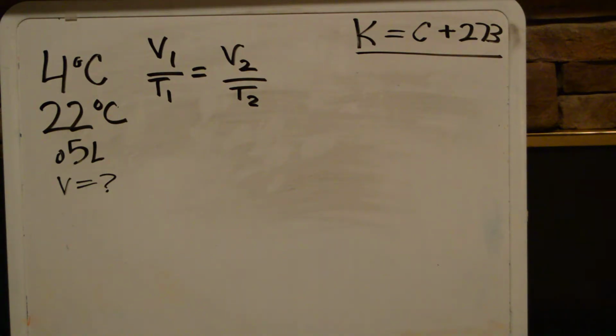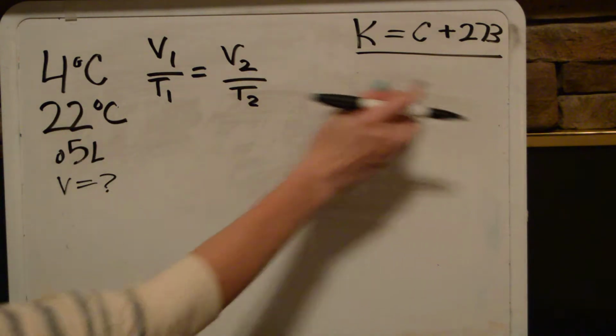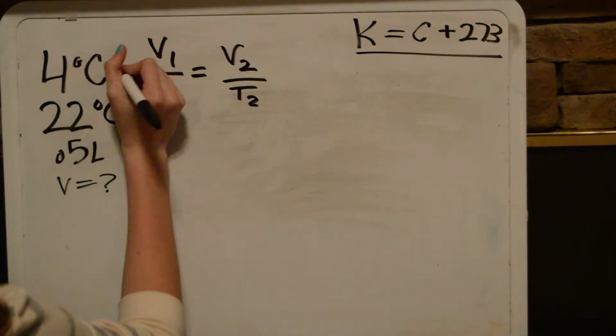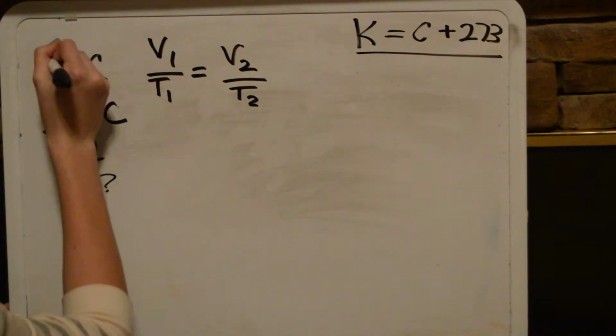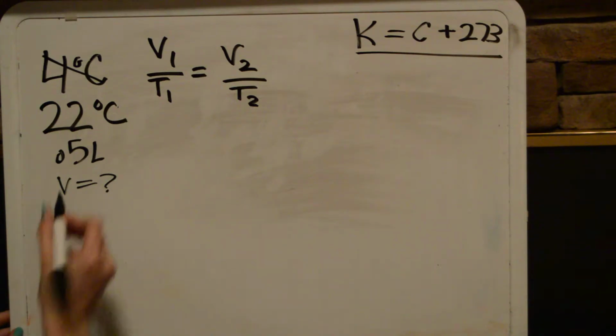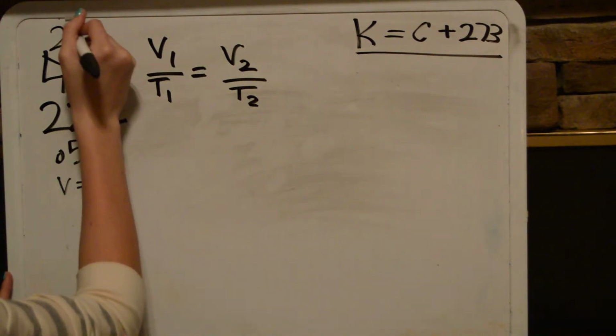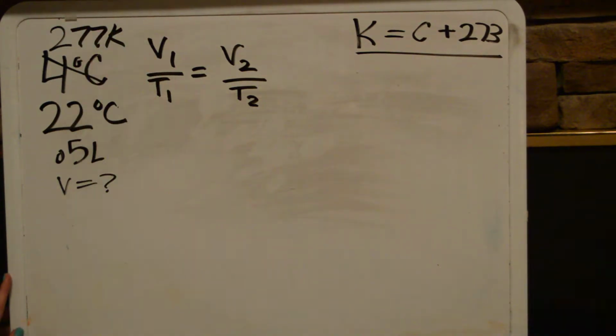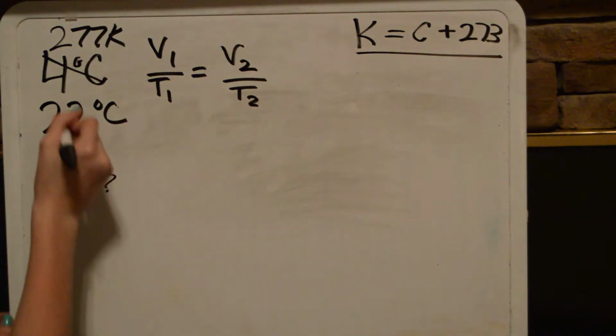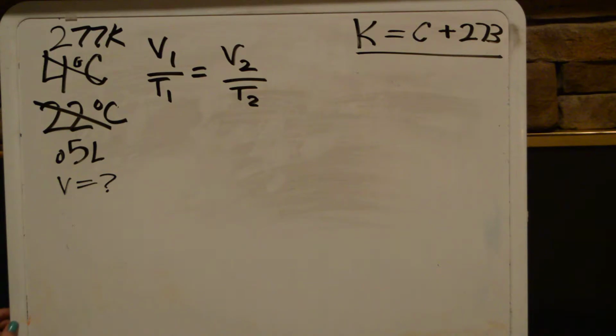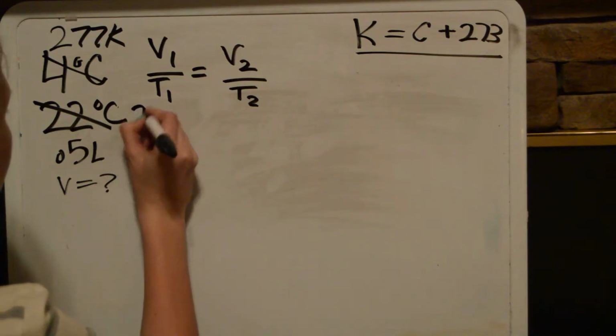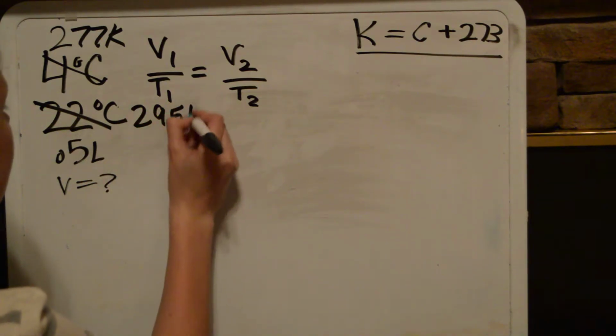So what are our values? 273 plus 4 becomes 277 Kelvin. And 22 plus 273 becomes 295 Kelvin.